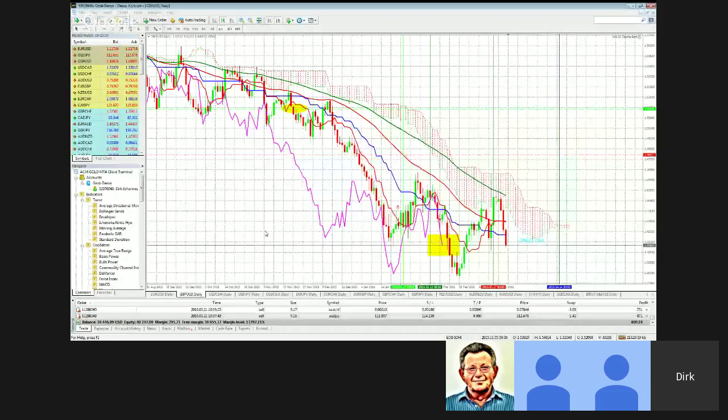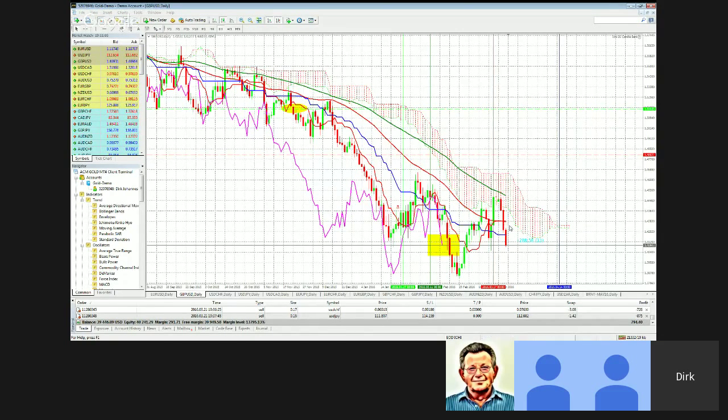Okay, like I mentioned, what happens in that sense is we need to be able to assess what is most likely going to be the next three things that are going to happen. Like I said, we can wait either for the Chiku breaking price, or we could wait for a Tenkan Kujin Sen cross.